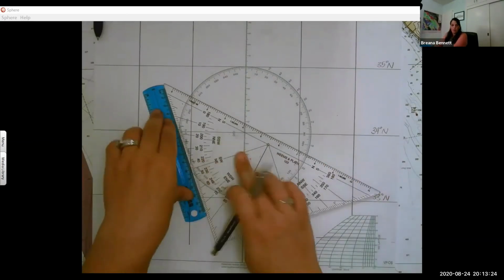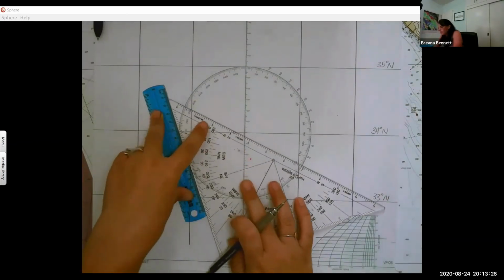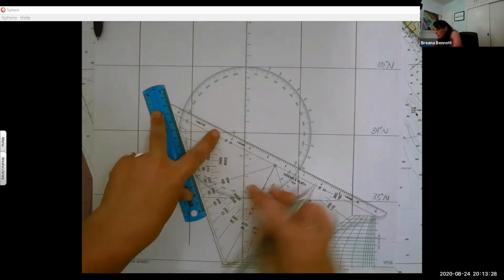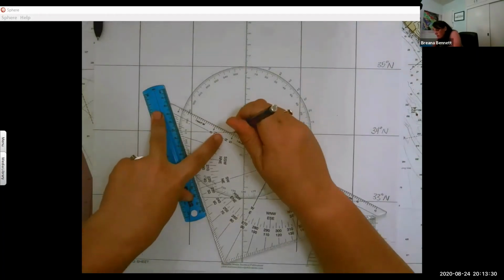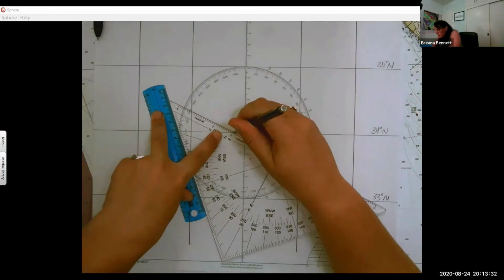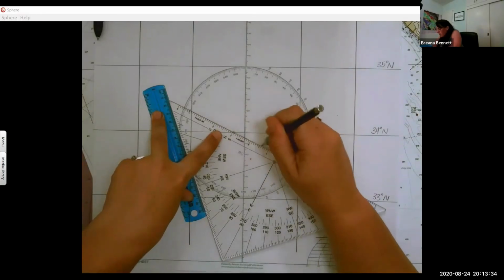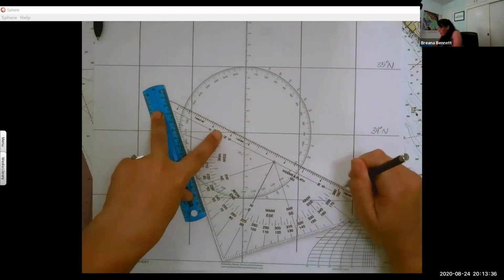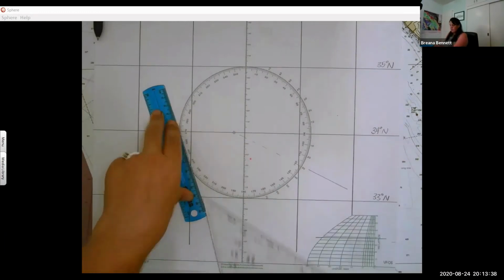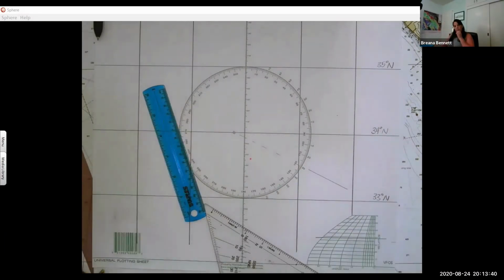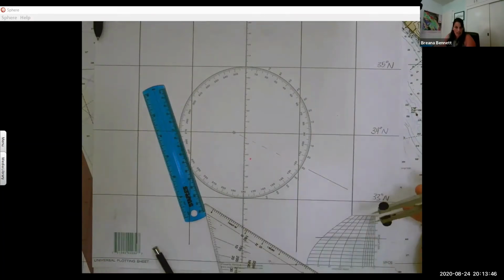And I'm going to bring that to my assumed position. So now I have my azimuth line, and I need to plot my intercept, 11.6 towards.